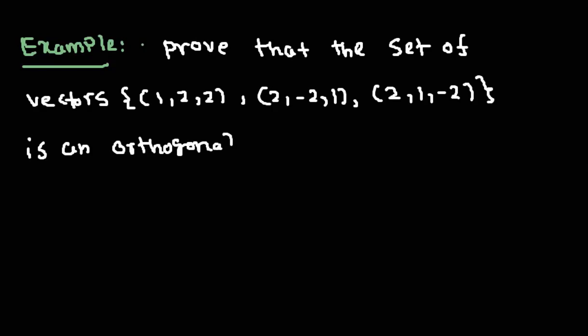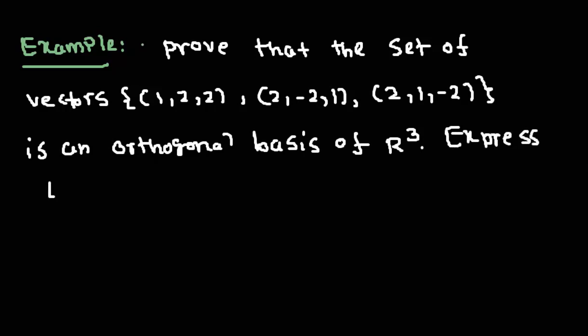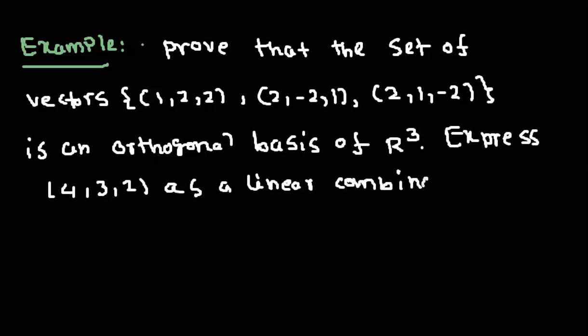That's called an orthogonal basis of R3, with the standard inner product, obviously. And express the vector (4, 3, 2) as a linear combination of these three basis vectors.